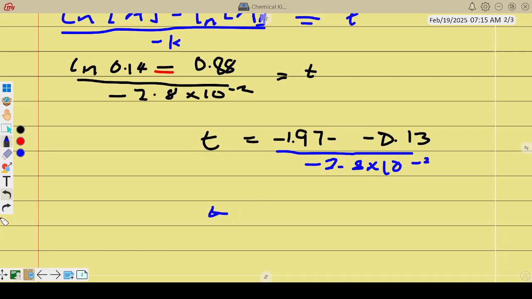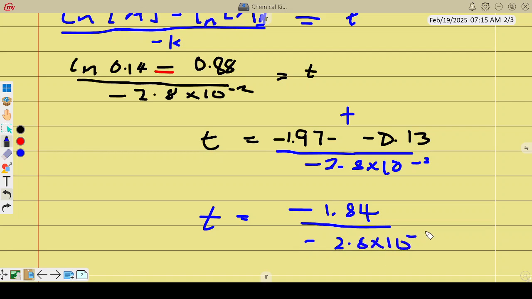So the time will be equal to, here you already know that we have a positive, negative and negative. So what is negative 1.97 plus 0.13? You will get negative 1.84. So this negative 1.84 over negative 2.8 times 10 power negative 2.